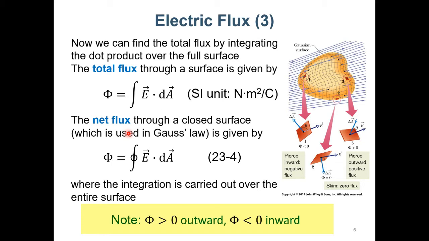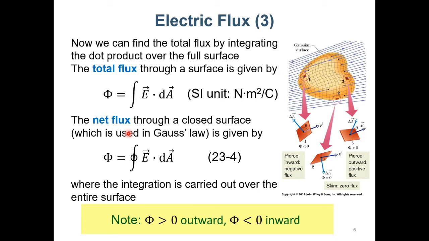So actually, you can calculate all the flux regarding different small areas, and then you just integrate them together so that it will become an integral looking like this. And if it is a closed surface, we'll draw a circle here.